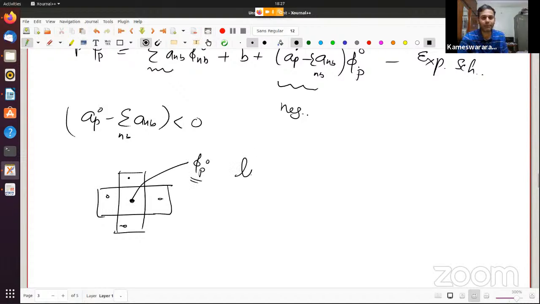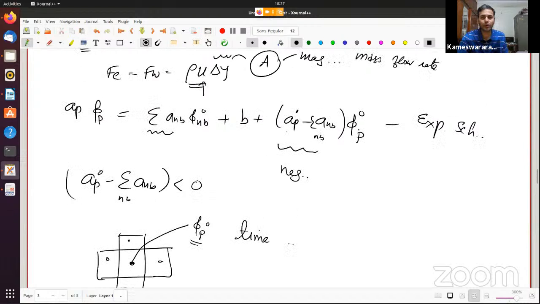With a negative coefficient here, if phi P0 becomes larger, say a positive value, then this entire term will be negative, and as a result phi P will decrease. And if phi P0 is a negative value, then the term will increase.